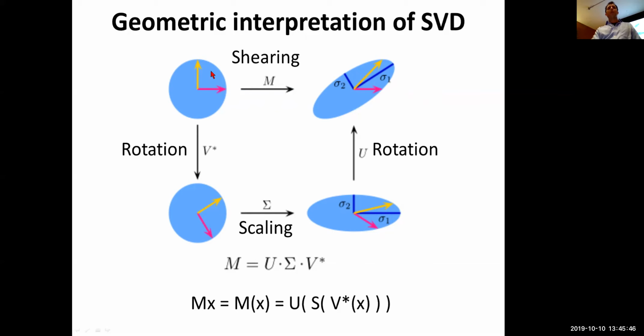Shearing is basically multiplying each of these, adding them up, multiplying, adding, multiplying, adding. It's a series of linear operations. I can think of this matrix as carrying out a complex combination of operations, or I can decompose it into simple operations that I can then combine.